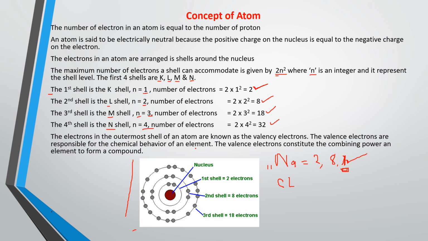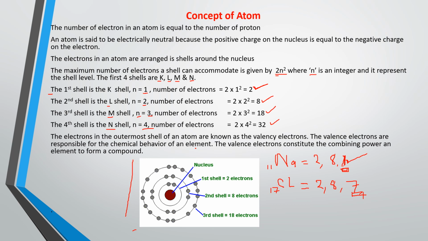Chlorine has atomic number 17, so it will have the electronic configuration of 2, 8, 7. So it is this 1 electron in sodium and this 7 electrons on the outermost shell of chlorine that will combine to form the compound sodium chloride.